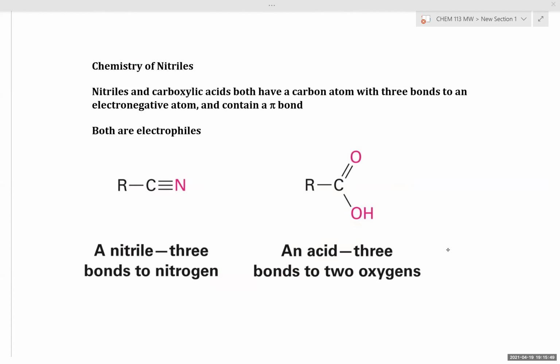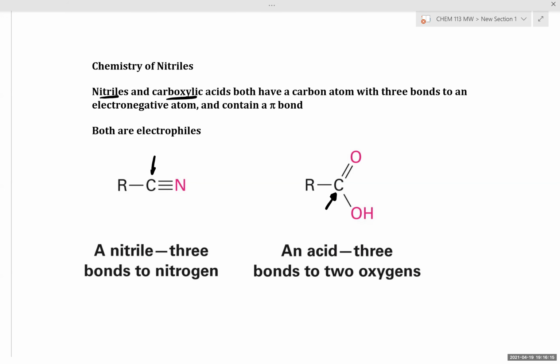Let's really draw a parallel between carboxylic acids and nitriles in that nitriles and carboxylic acids both contain an electrophilic carbon atom and have the same oxidation state. Thus, carboxylic acids, nitriles, and esters are often viewed as synthetic equivalents.